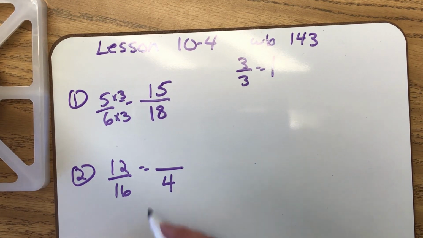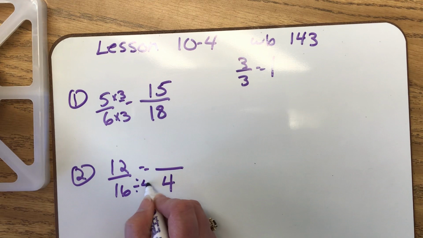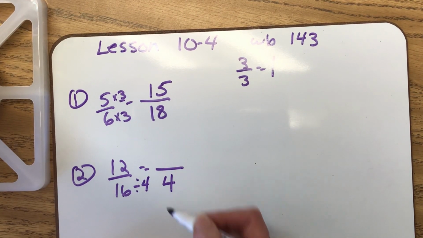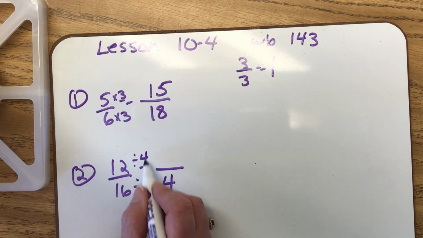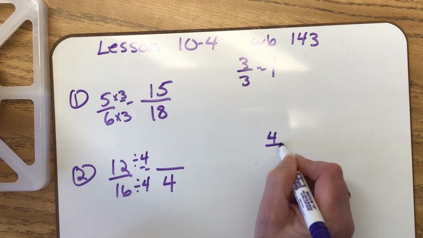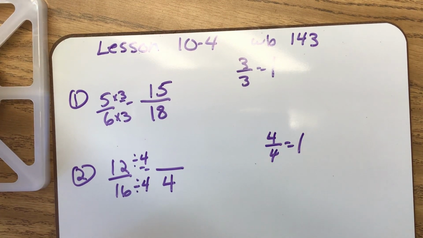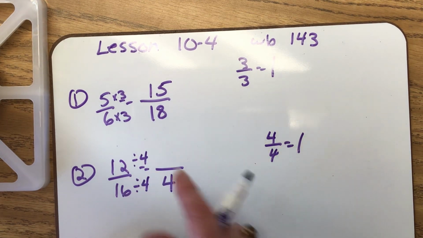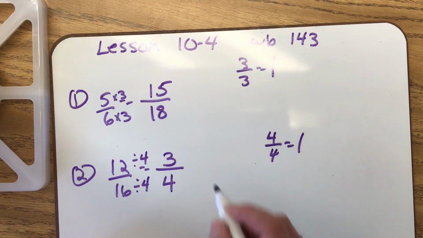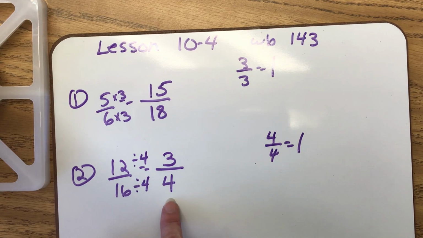Well, it's 4. 16 divided by 4 equals 4. So that means I also have to divide my numerator by 4, because now I'm dividing by 4/4. 4/4 equals 1. Anytime I divide a number by 1, I get the same number. So 12 divided by 4 equals 3. So 12/16 is equivalent to 3/4.